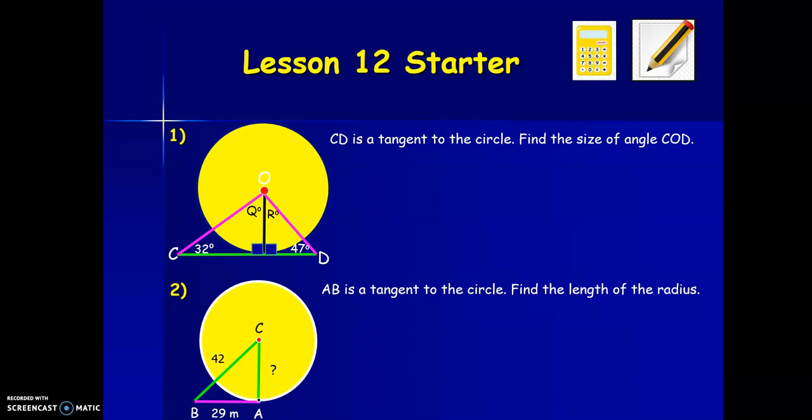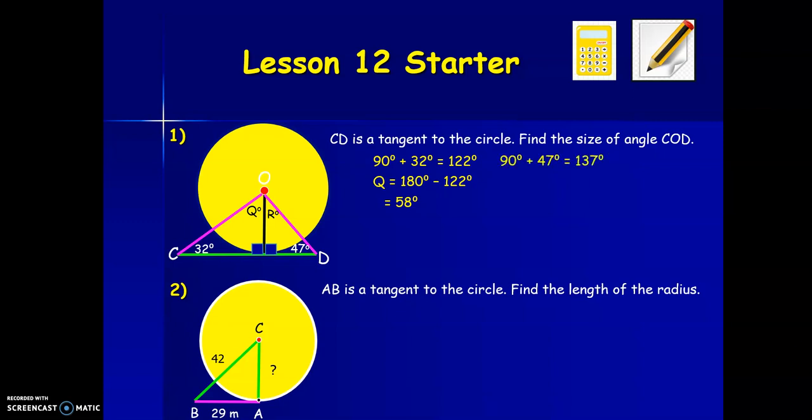In order to find COD, we need to find angle Q. So we add the 90 and the 32 together to get 122 degrees. Take that away from 180 and we get 58 degrees for Q. We also need to find angle R, so we follow exactly the same process.